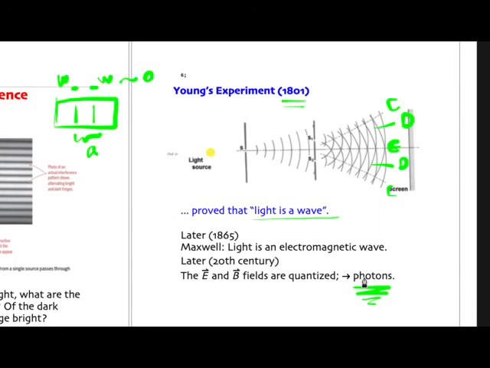Because in quantum mechanics, a particle is described by a wave function. It's a probability wave. So, for example, electrons are excitations of a quantum field, the electron field, just like photons are excitations of the electric and magnetic fields.